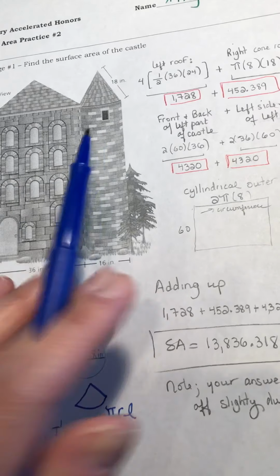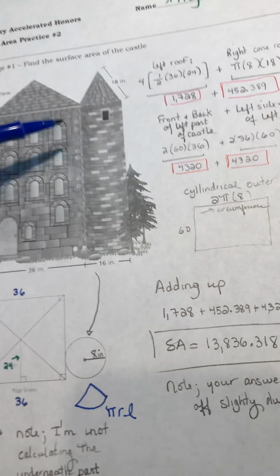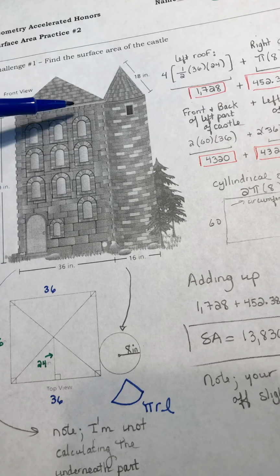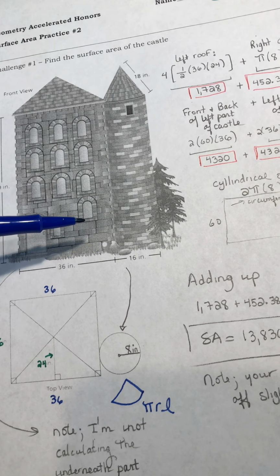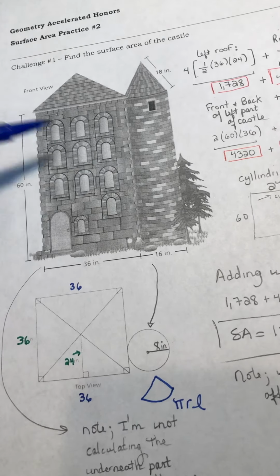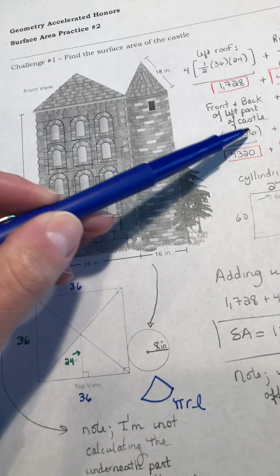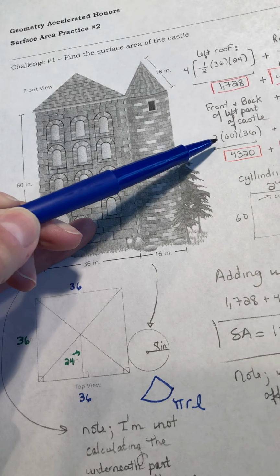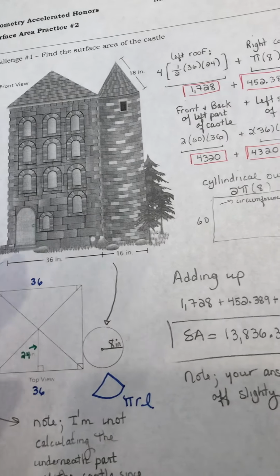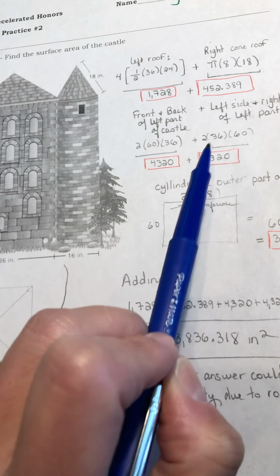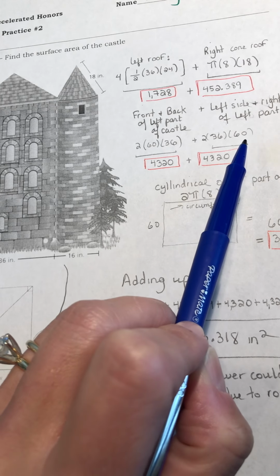Okay, now I want to do the actual castle itself. So I'm looking at the front of the castle, and that's going to match with the back of the castle. So the front is going to be 60 by 36, and there's 2 of those sides, but I should also have done this maybe in one step. The left and the right side of the castle are also the same dimensions.